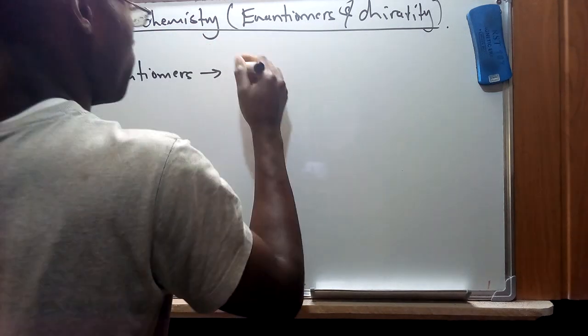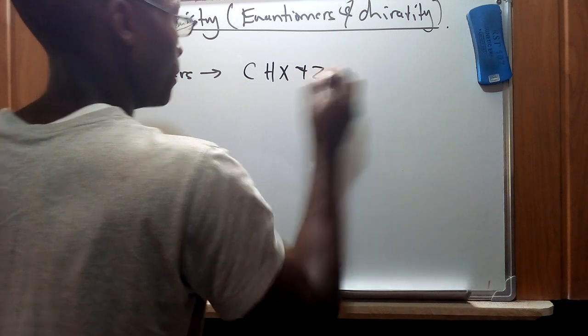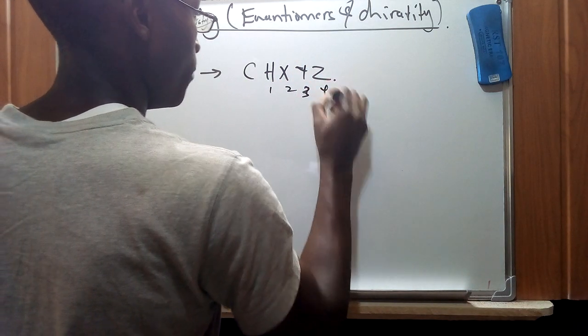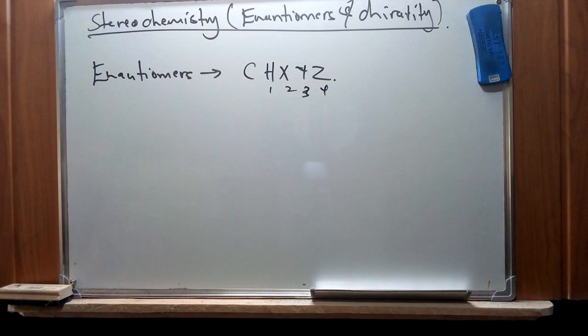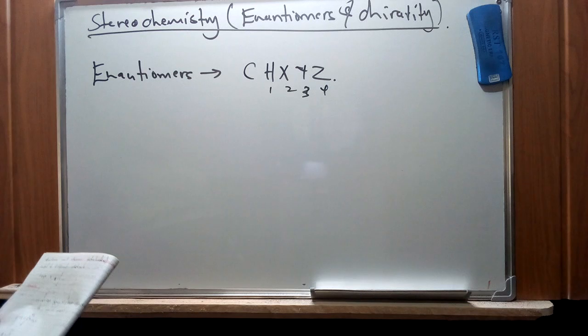So in this case, of course, we have looked at that structure that was represented by these, whereby the first, second, third, and fourth kind of bonding is bonded to the structure.